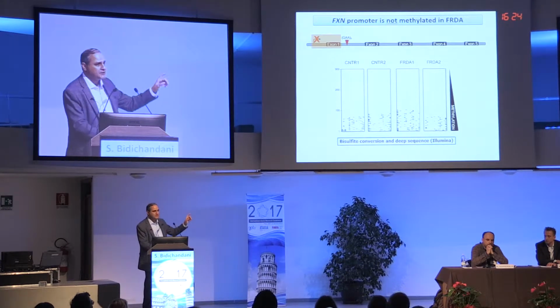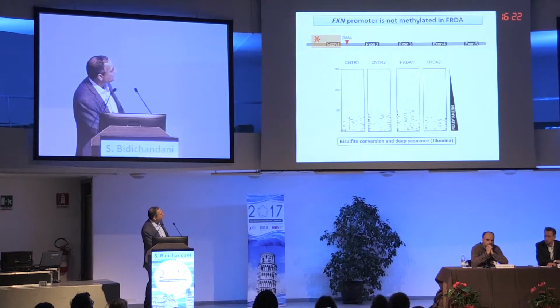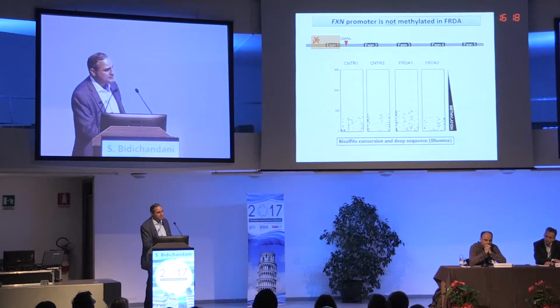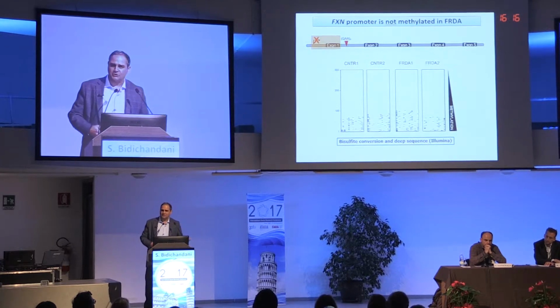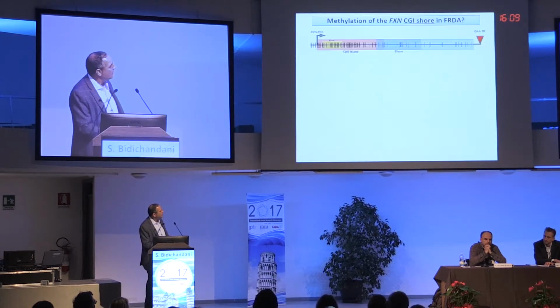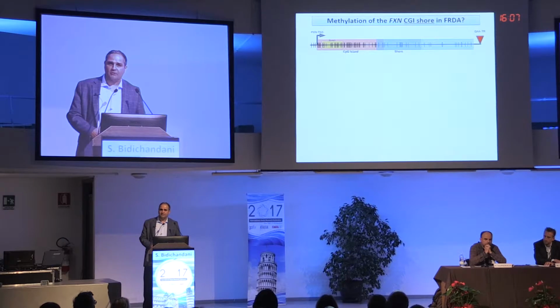Each black line is a methylated CpG, and that's 300 molecules stacked on top of each other. The controls don't seem to be any different from patients, and there's no actual methylation at the promoter sequence.